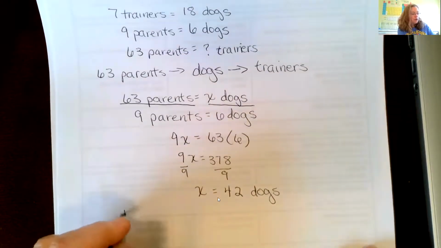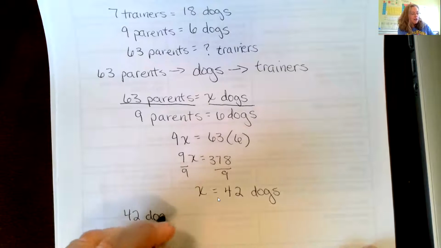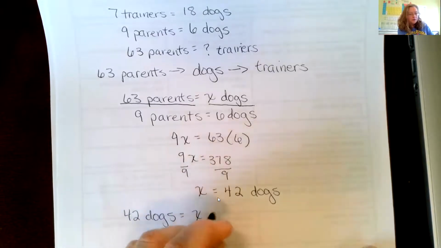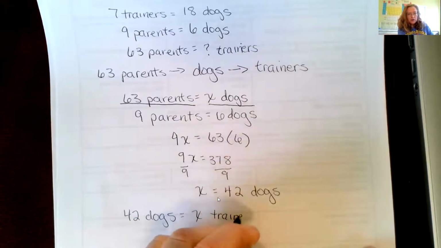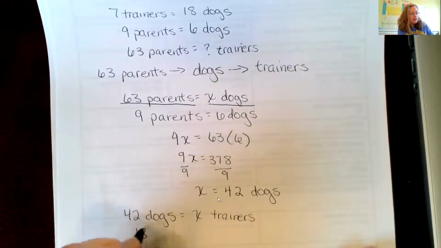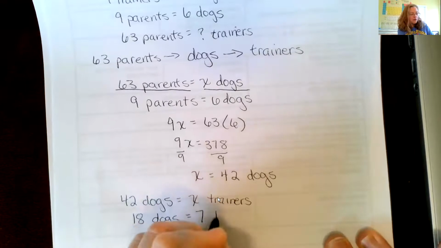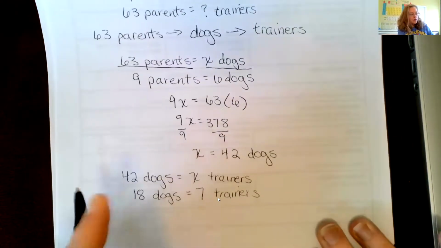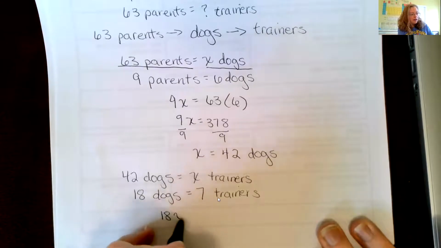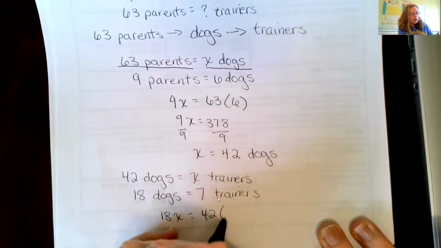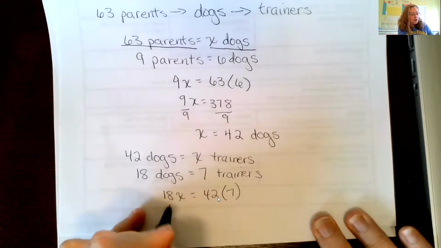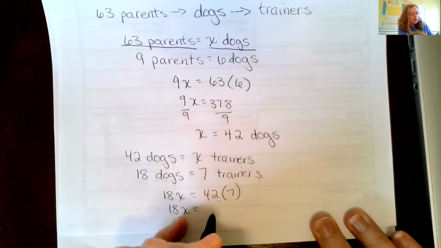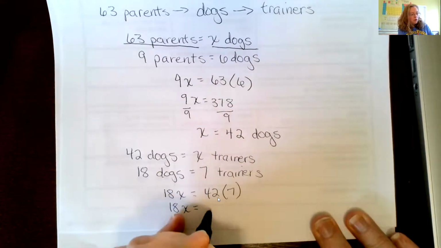Now, with 42 dogs, how many trainers should be there? Well, we were told in the problem that for every 18 dogs, there need to be 7 trainers. If we cross multiply, 18x will equal 42 times 7, which means 18x is going to equal 54.